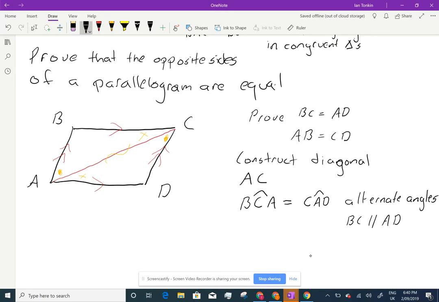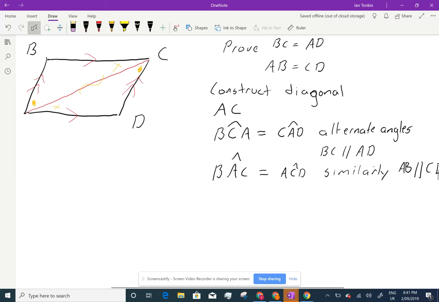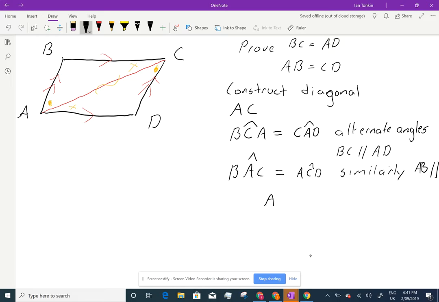And we also know that BAC equals ACD. And you love this one. We can write similarly. And this time, AB is parallel to CD. And finally, AC is common.